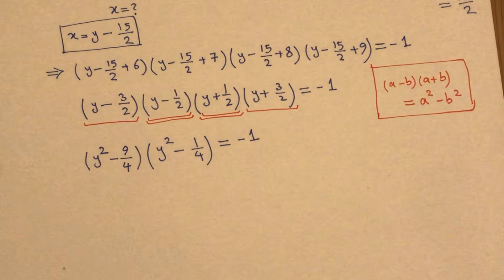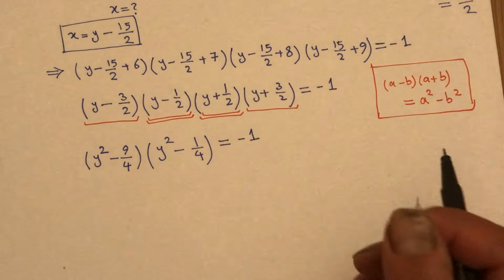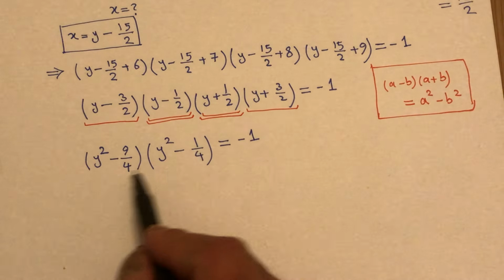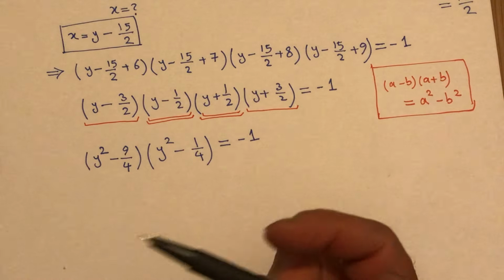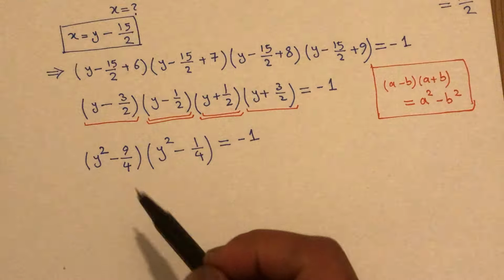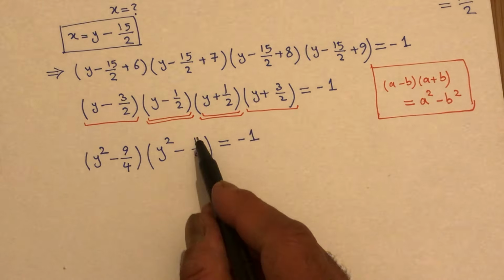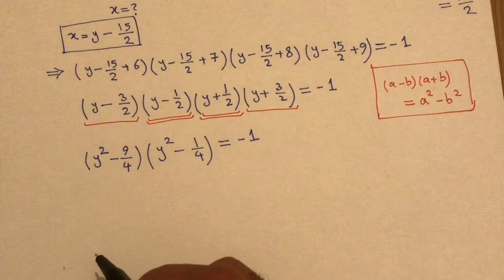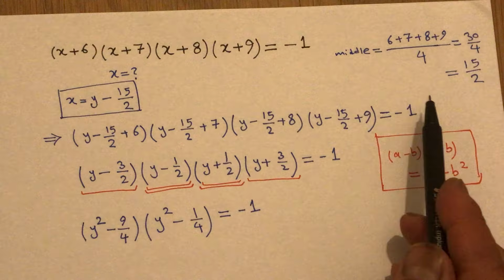And if you look more carefully at these numbers, they are just two numbers, but they are consecutive. Minus 9 over 4 and minus 1 over 4. So you can use the same approach for the middle point again.